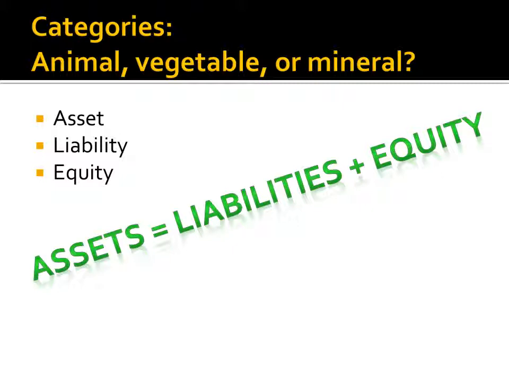I think of it this way. A company has a fixed amount of assets, anything of value, basically, that they own. Well, all of those assets somebody has a claim on. And there's only two possible types of people who could have a claim on that. The owners of the company, and the amount of assets that the owners have a claim on is represented by equity. Or third parties that the company owes money or something to.